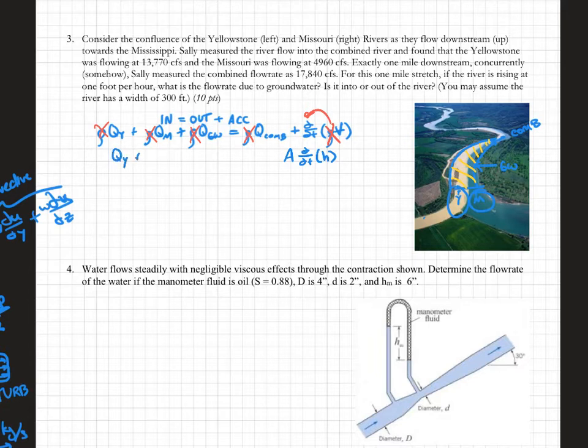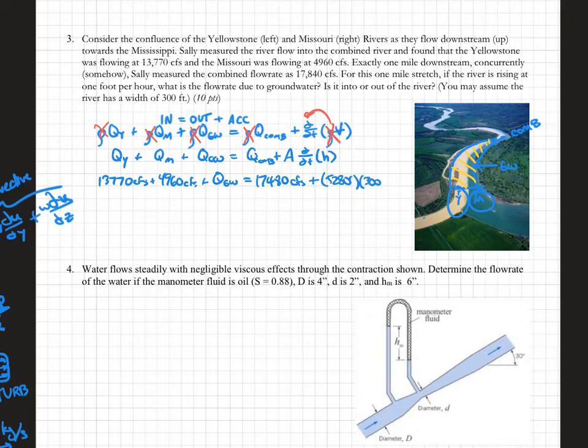Let's see here, QY plus QM plus QGW equals Q combined. Okay, so QY is 13,770 CFS, plus QM, which is 4,960 CFS, plus QGW, which is what we're looking for, equals the Q combined, 17,480 CFS, plus the area, which is going to be 5,280 feet, 1 mile, times 300 feet wide, times dh/dt.